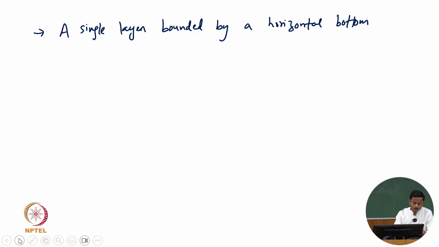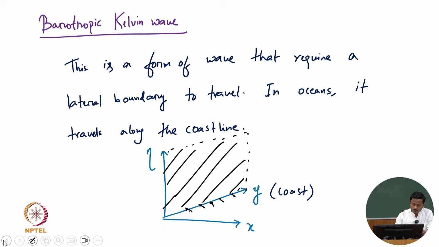Now at the coast, at x equal to 0, we have a peculiar condition for velocity u, because there is an impermeable boundary condition, that is the water or this fluid cannot go into the land. We need a condition that the velocity u, the x velocity at the coast, is equal to 0.